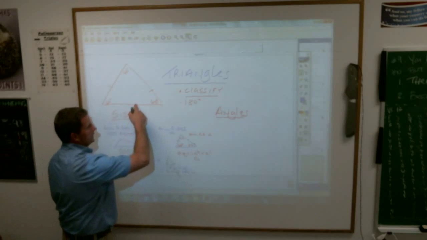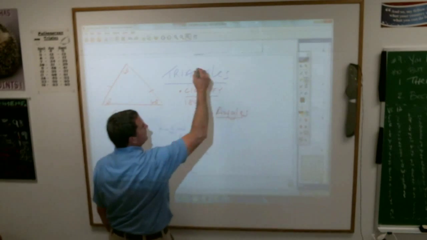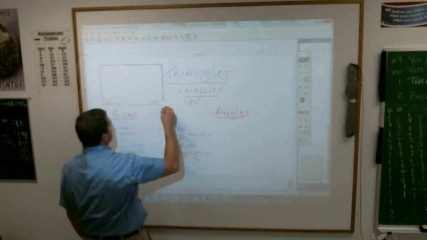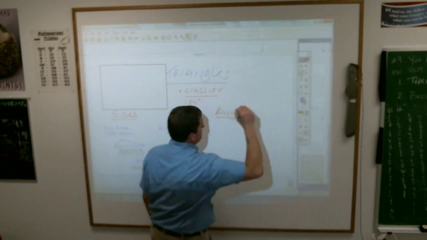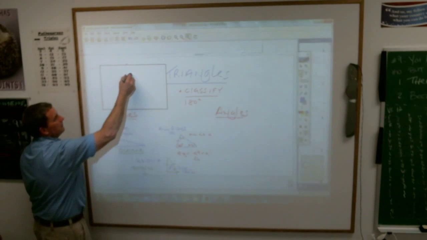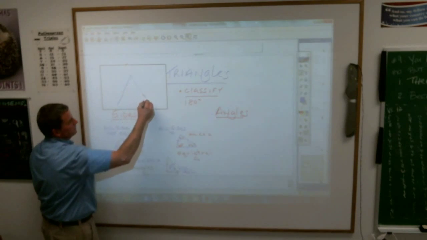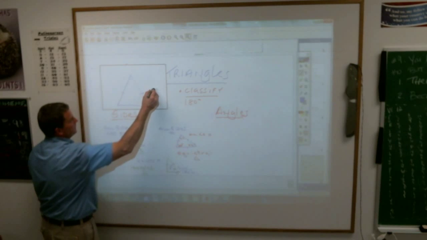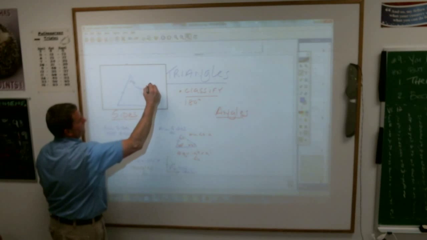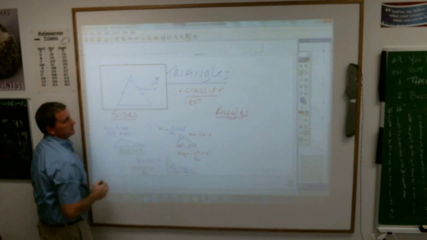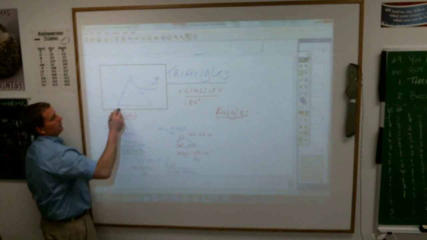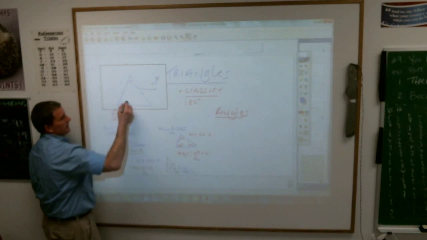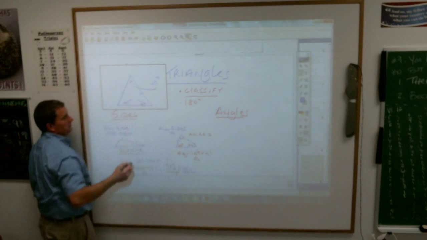So what? Well, the beauty of that is this, children. If you have an isosceles triangle, let's say this side and this side are equal, and I tell you that this is 40 degrees, you can right away tell me that each one of these angles is what? And don't say 40 degrees, because they're not.